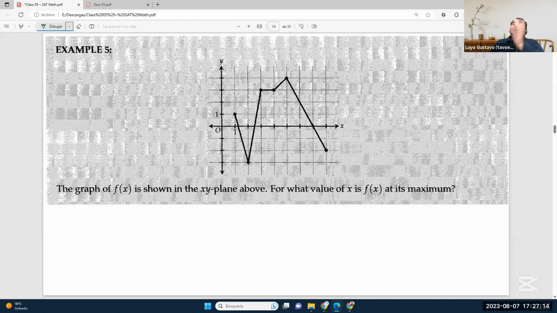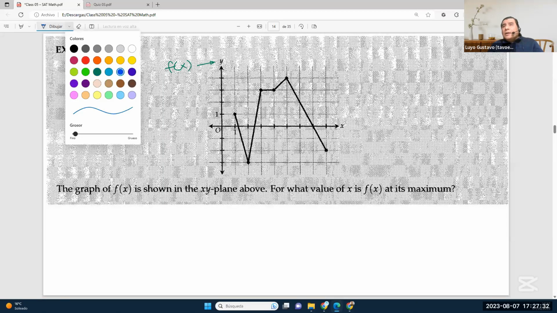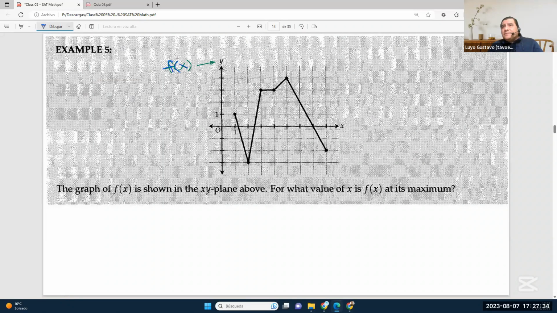Imagine that they present you with this coordinate plane, where you have your vertical axis and your horizontal axis. What have we learned about y? That we can consider that y is the same as f of x.